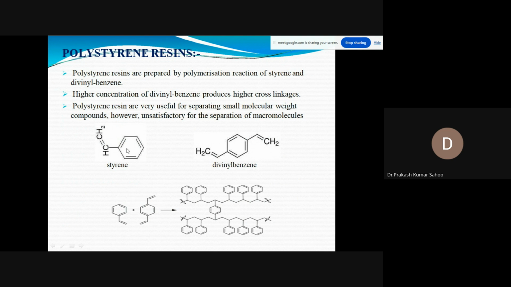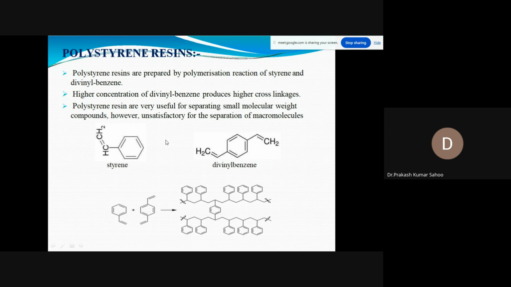So when styrene is attached to this divinyl benzene, we have a cross-linked type polymer, and this molecule is generally used for resin preparation.